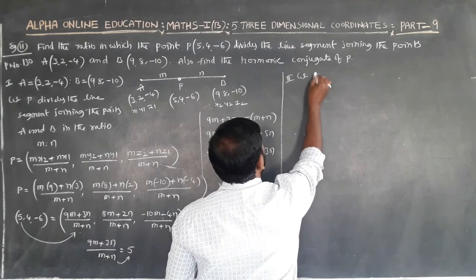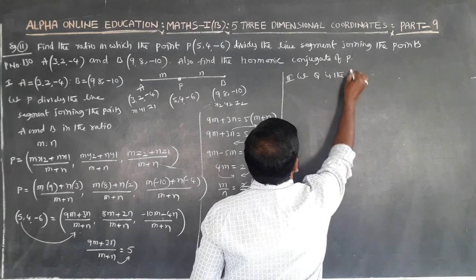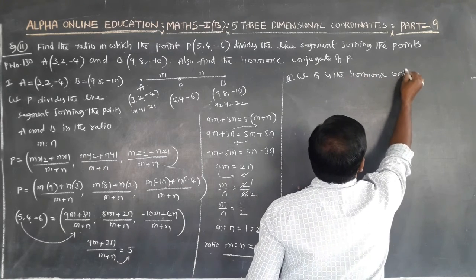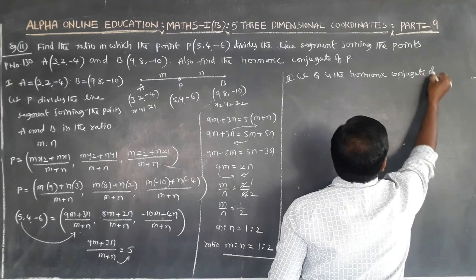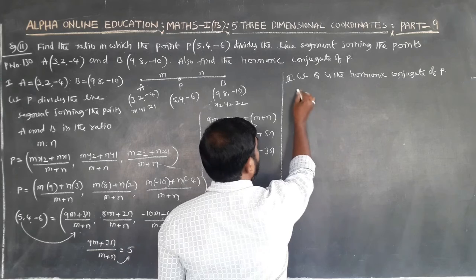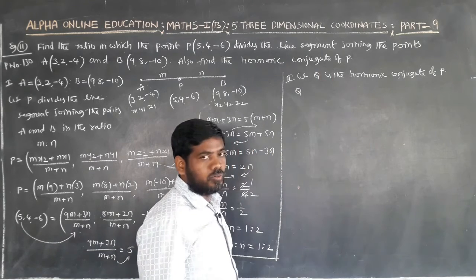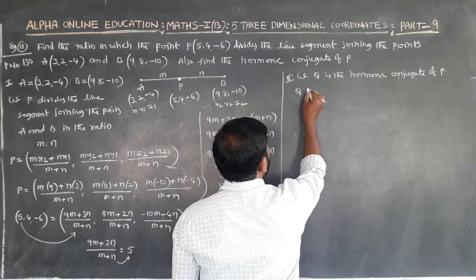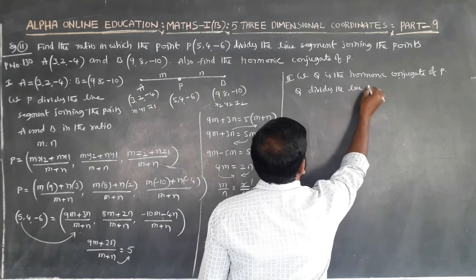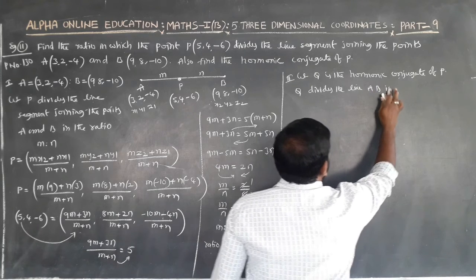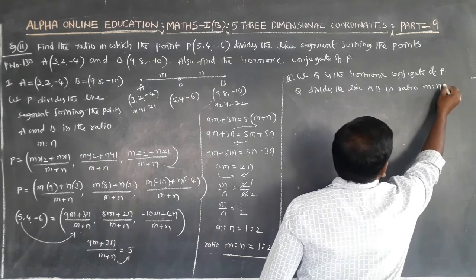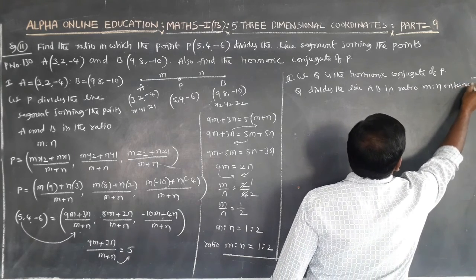Let Q be the harmonic conjugate of P. Here Q divides the line AB in the ratio m is to n externally.